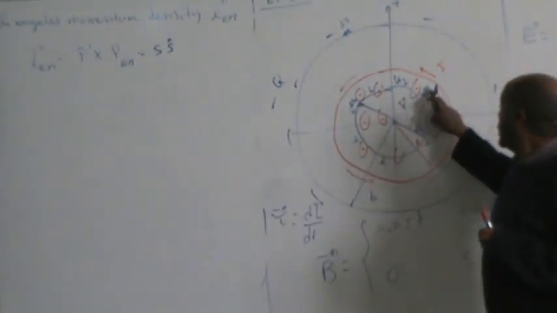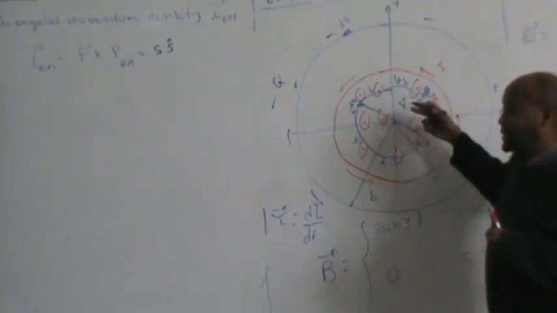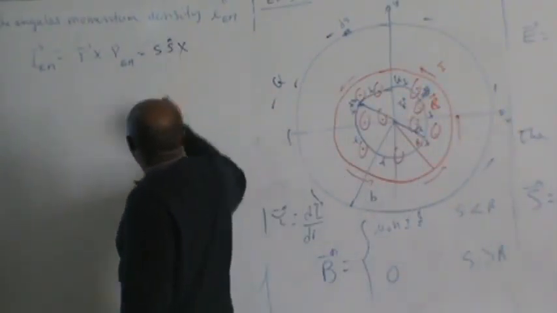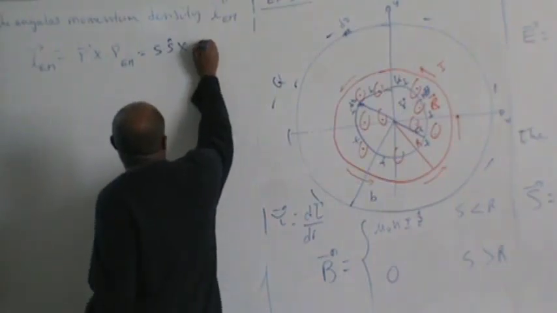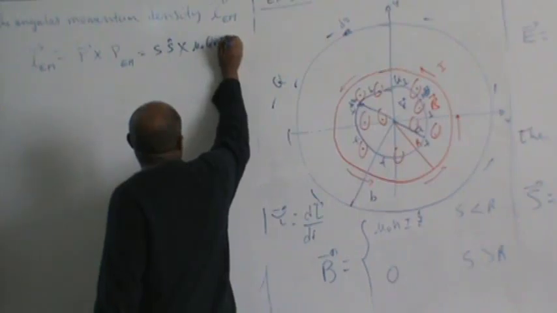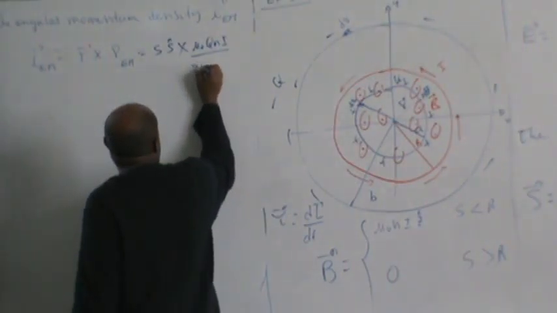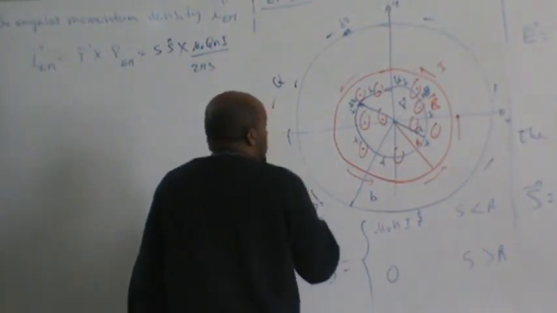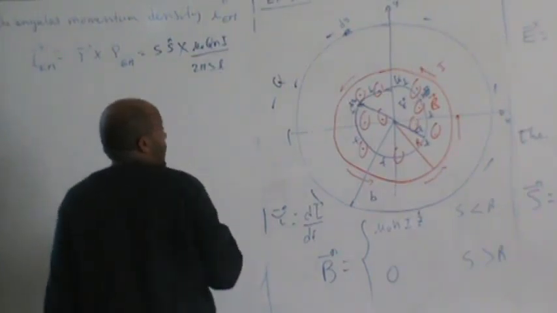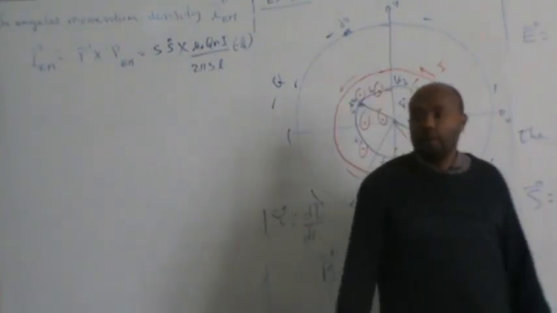So this is going to be, I'm talking about at some point R, which I describe by s s hat, crossed with rho_EM, which is that: mu naught Q N I over 2 pi s times L with the minus v. All right.